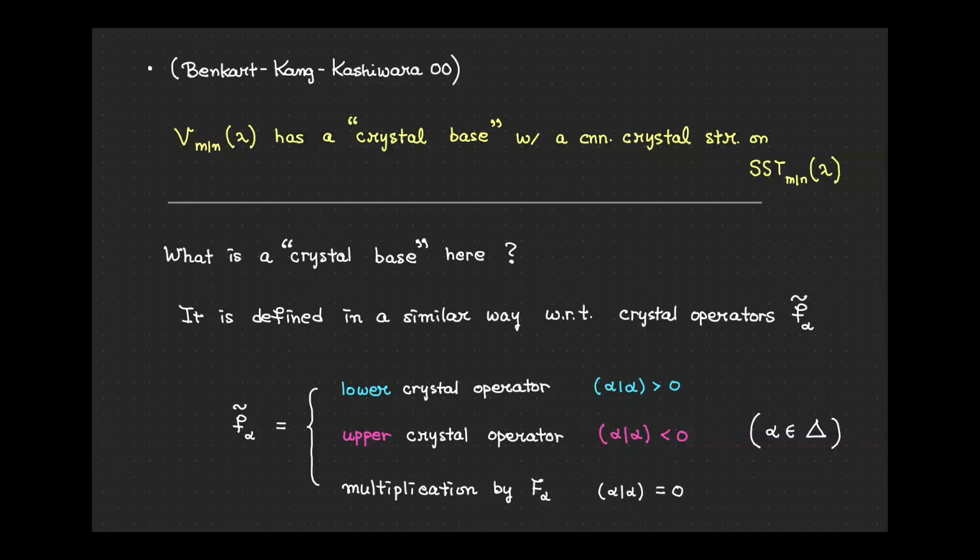So if we only consider the graph with respect to this simple root, the crystal graph is just a single point or only one arrow.